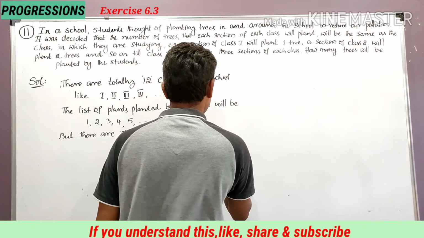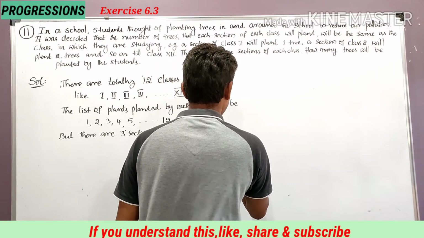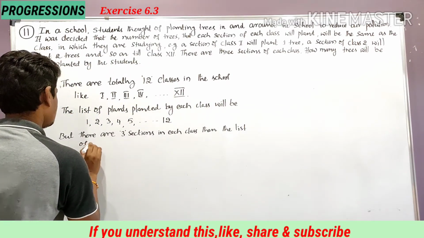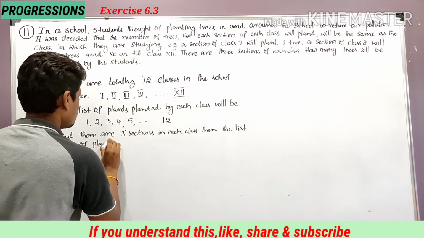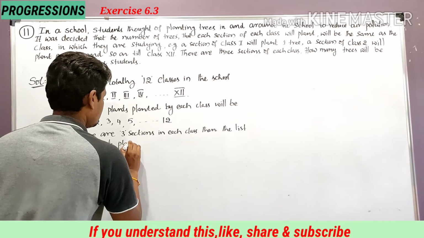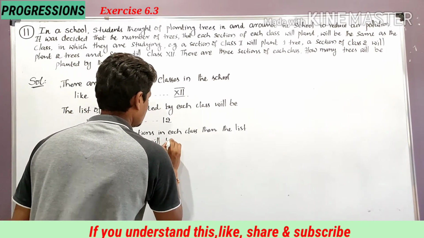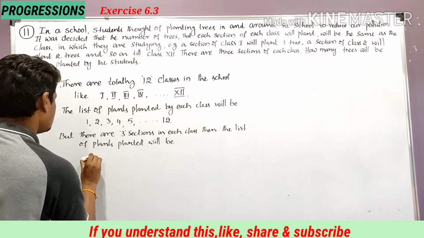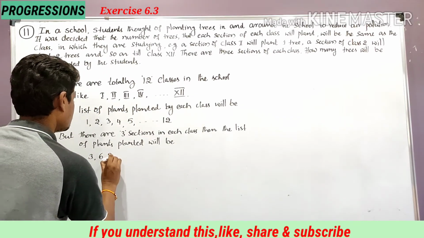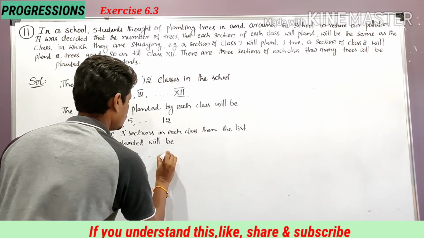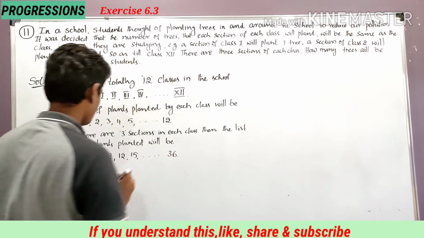Then the list of plants planted will be 3, 6, 9, 12, 15 and so on up to 36.